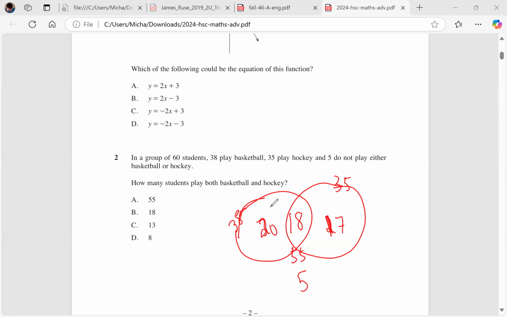And this does give you 55, 35, 55. Yeah. And if you put 13, you could probably also solve this as a condition, but did you guys all get B, 18? Yeah. Yep. Okay.